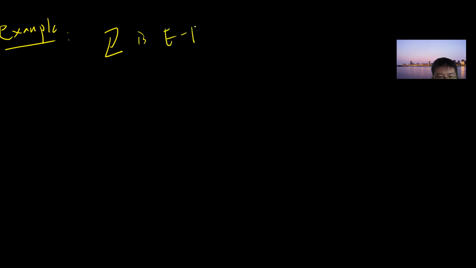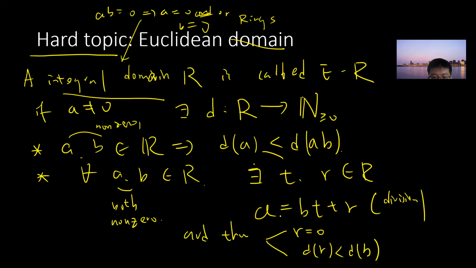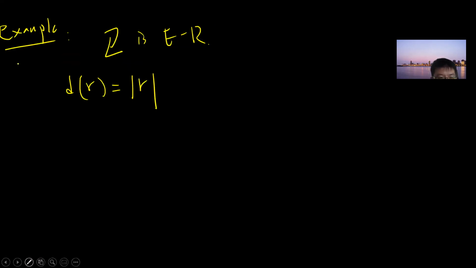So the first example is the integers. The integers are a Euclidean ring, and you just take D to be the absolute value. In elementary school you know that you can do the division. For example, take A to be 17 and B to be 8, and you can write 17 equals 2 times 8 plus 1.